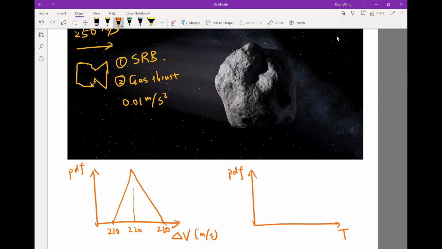The burn time would never be less than 55 seconds. So let's see, this is seconds. And it has an exponential distribution, right? With the lambda of the exponential distribution being, let's say, 5 seconds.